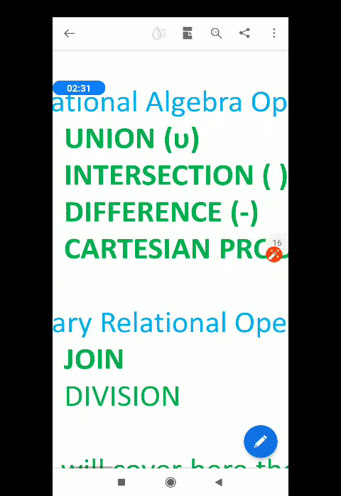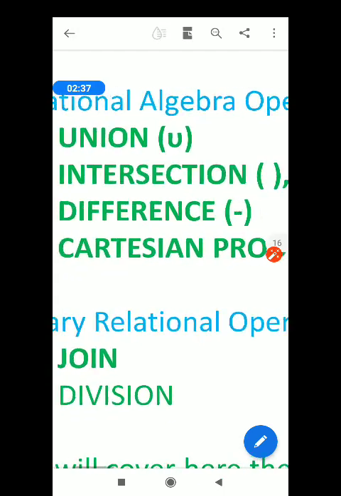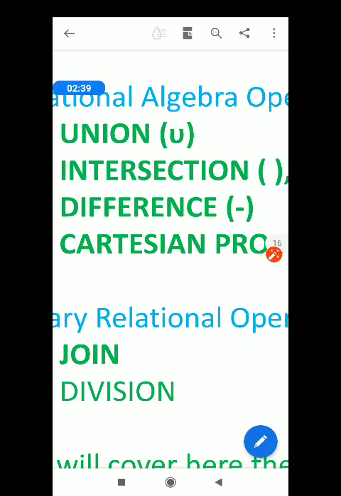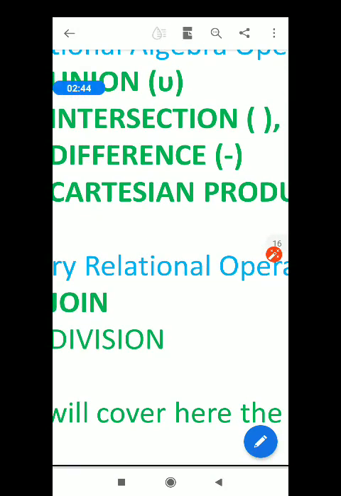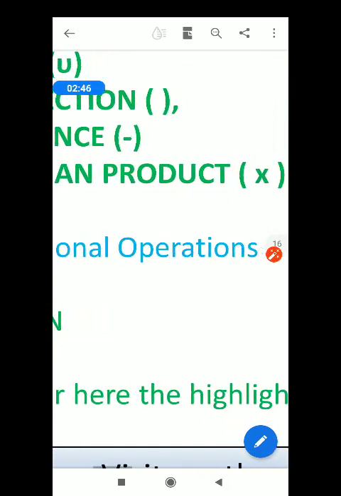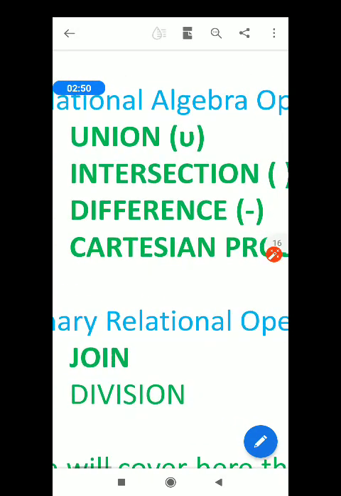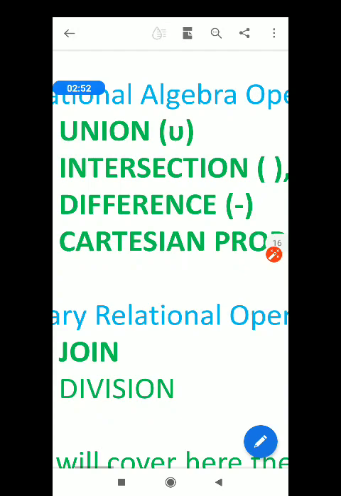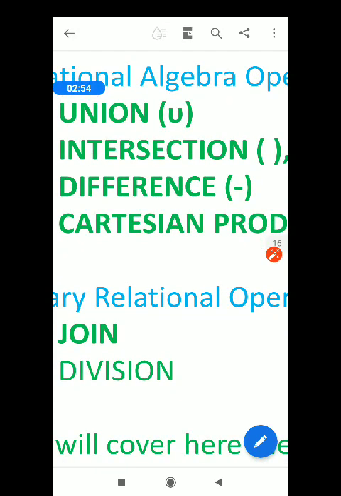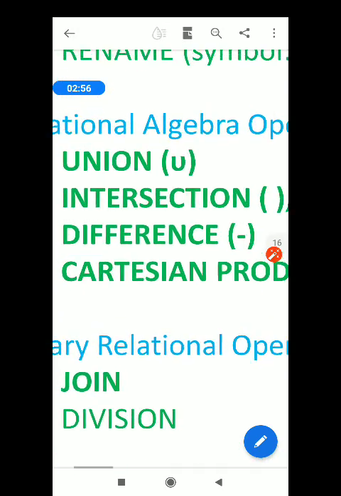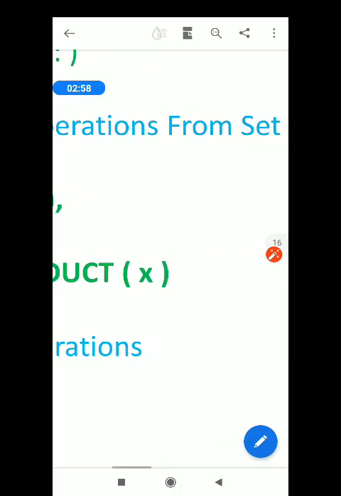Again you may write the symbol within bracket. For union you can write capital U. For intersection there is no such symbol. For difference you have minus symbol, and for Cartesian product you may give a cross symbol, that is a multiplication symbol. These are relational algebra operations from set theory.